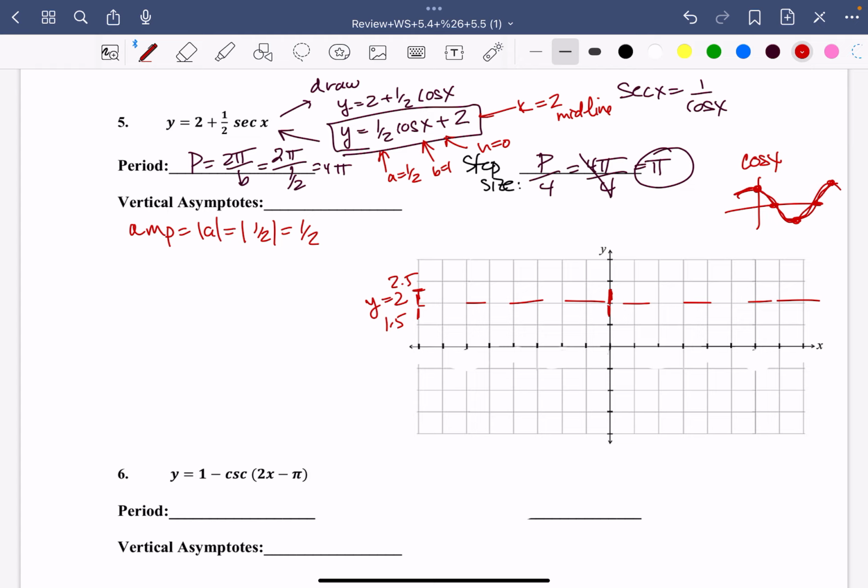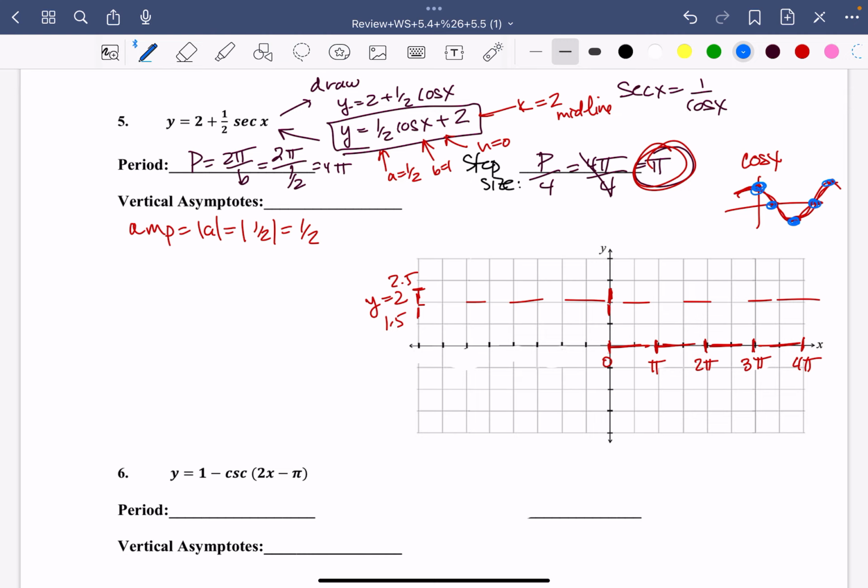So there's my 1, 2, 3, 4 steps where if I'm doing cosine, it goes peak, 0, midline, valley, midline, peak. We're going to go a peak of 2.5, a midline, a valley of 1.5, a midline, and then a peak of 2.5. So it's going to look like that. Right, so that's what cosine looks like.